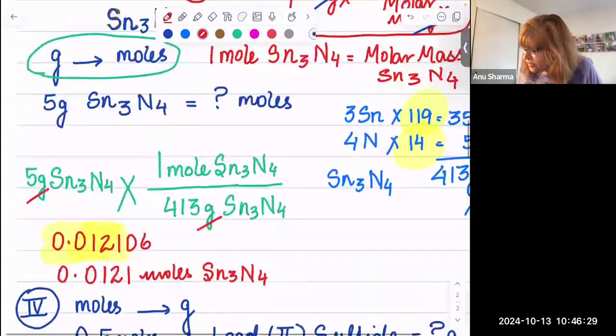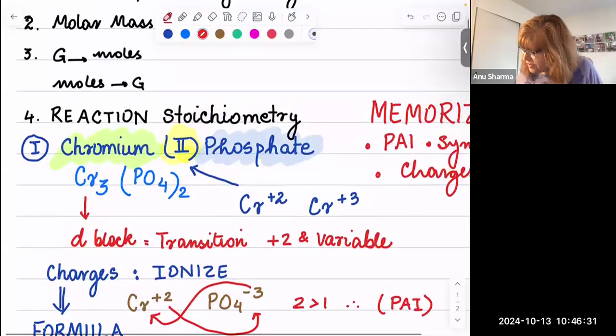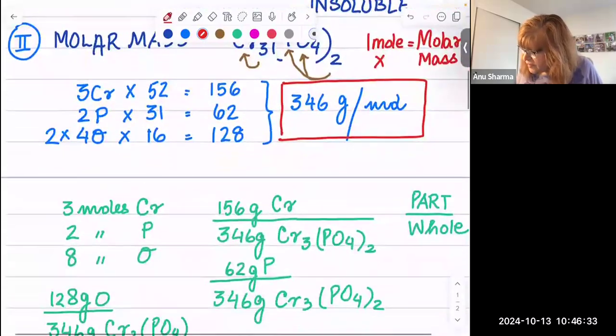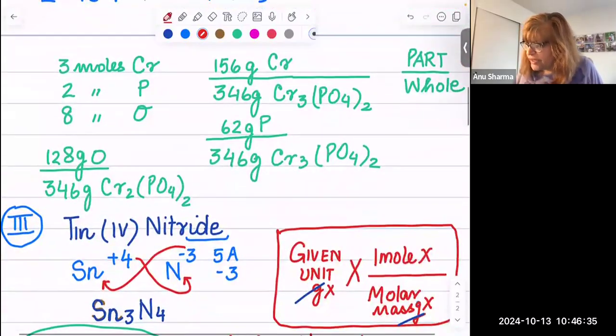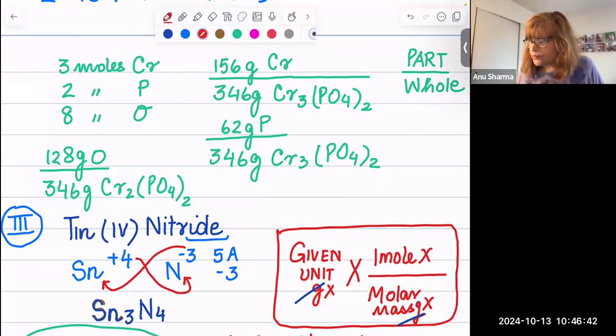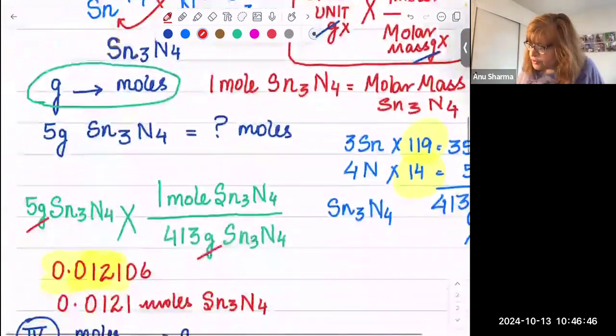Remember, that is why I made this one right here. 3 moles of chromium, 2 moles of phosphorus, and 8 moles of oxygen are present in Cr2PO4 whole twice. So same is the case, individual moles.